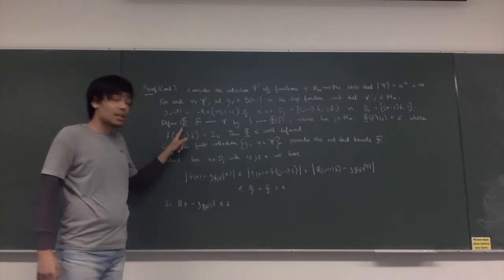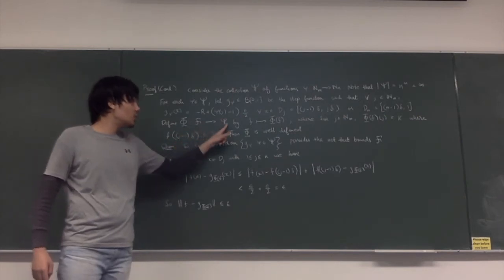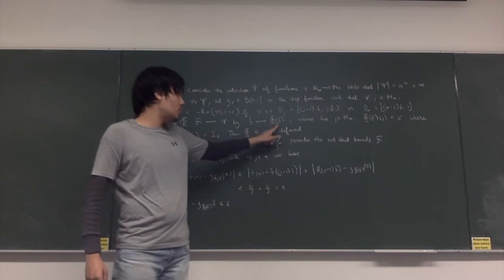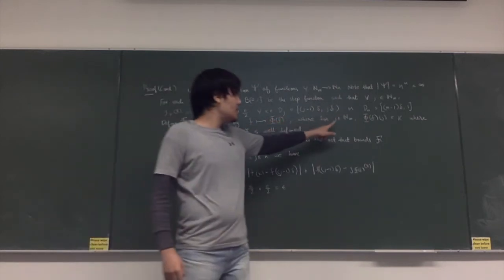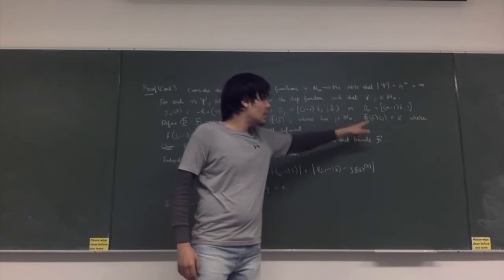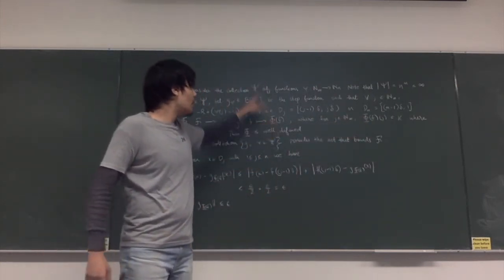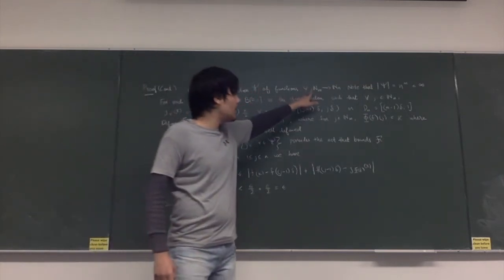Now we also define another map, capital Φ, from our family of functions F to blackboard bold Ψ, where f in our family gets mapped to Φ(f), which is a member of blackboard bold Ψ. So obviously it's a function from N_m to N_n.